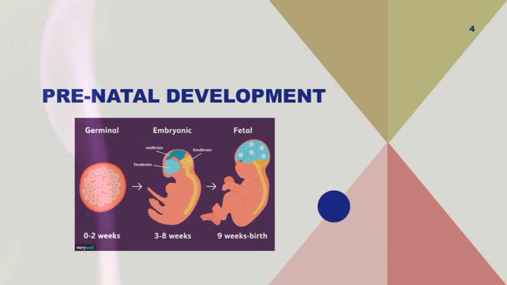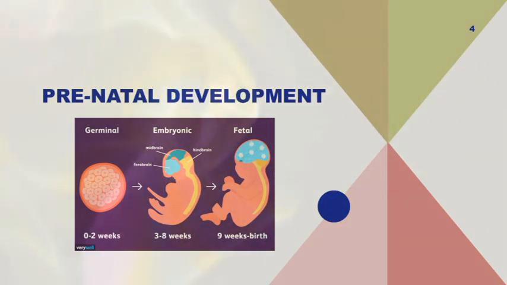And throughout prenatal development, genetics play a fundamental role in shaping the course of development and growth. And genetic factors inherited from both parents influence traits such as physical characteristics, temperament, and susceptibility to certain diseases.